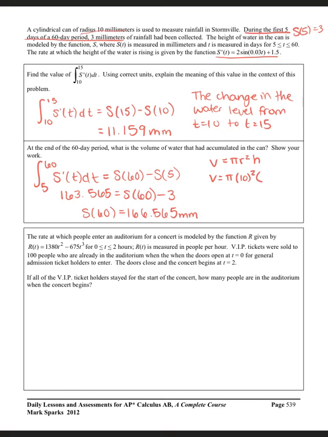And our height is this s of 60 here. So if you do some calculations, you will get 16,656.488 pi. And this is millimeters cubed.